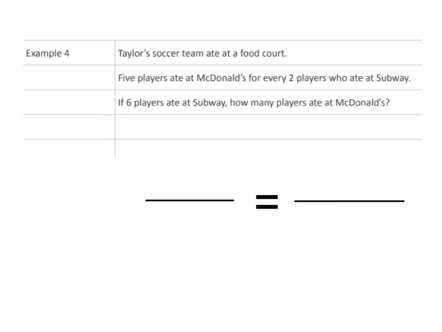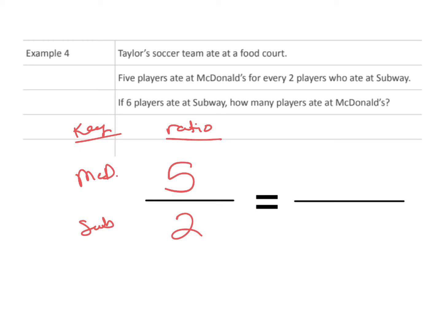Example 4, Taylor's soccer team ate at a food court. 5 players ate at McDonald's, and again, just abbreviating, for every 2 players who ate at Subway. So again, I have my key and I have my starting ratio. If 6 players ate at Subway, now Subway is on the bottom, so that's where I'm going to put my 6.